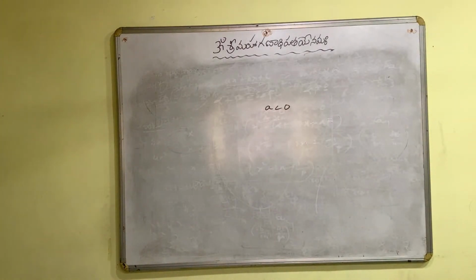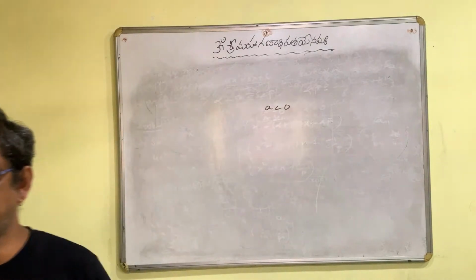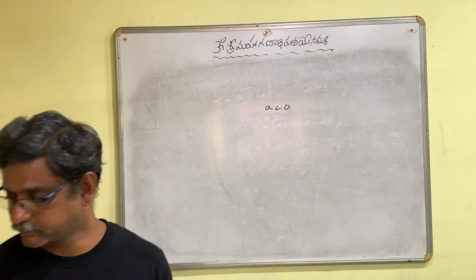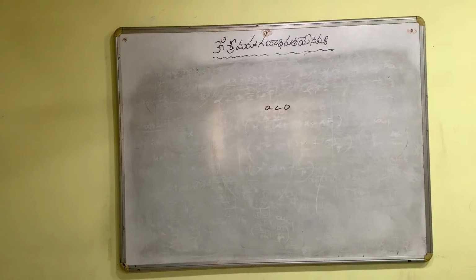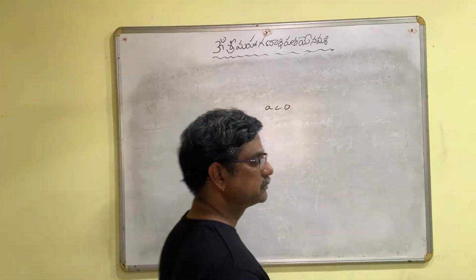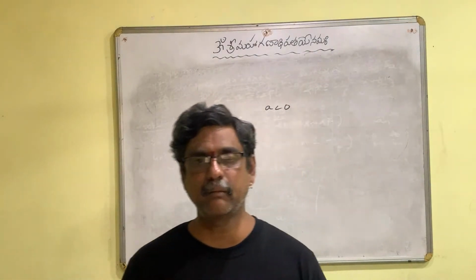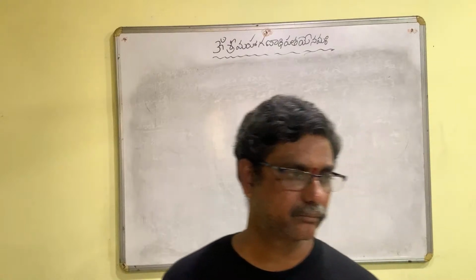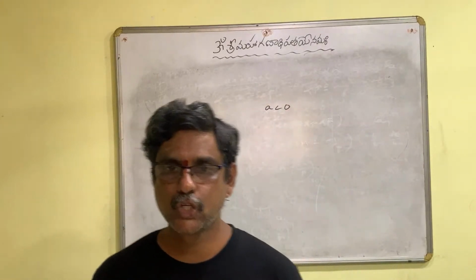Now, question number 3. In the graph, how many zeros are there for the polynomial? 2.